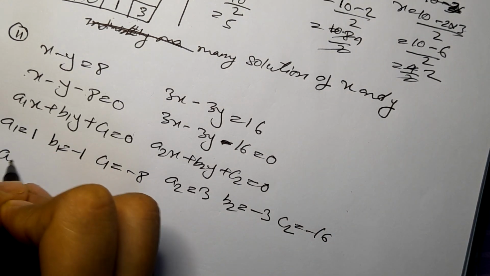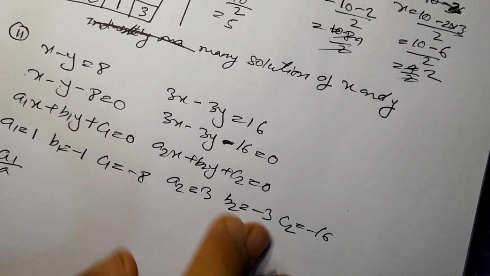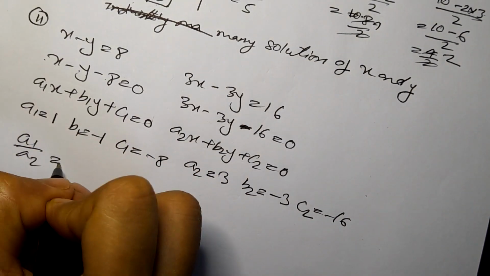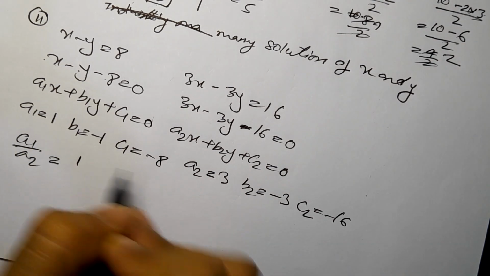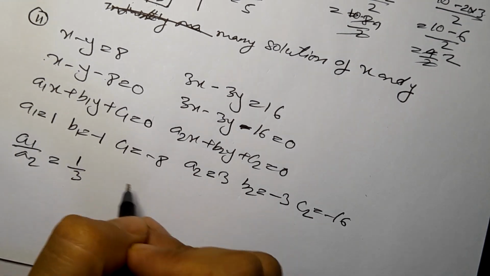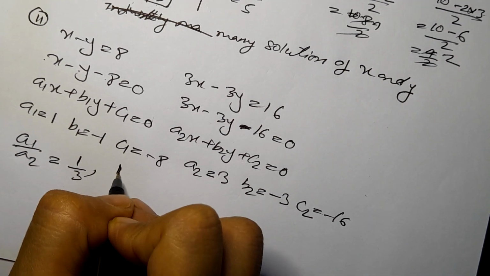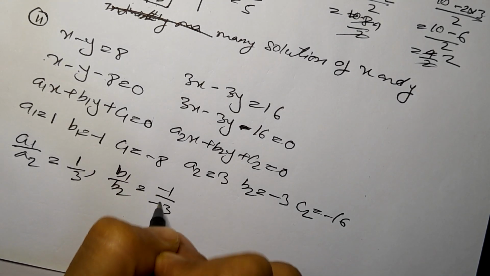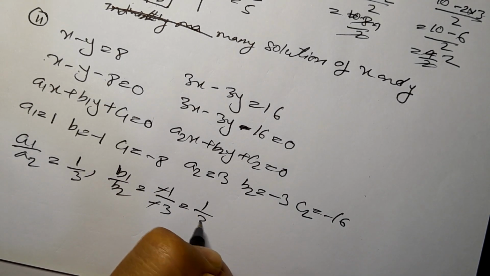Now check the ratios. a1 by a2: a1 is 1, a2 is 3. b1 by b2: minus 1 by minus 3, minus and minus cancel, it becomes 1 by 3.